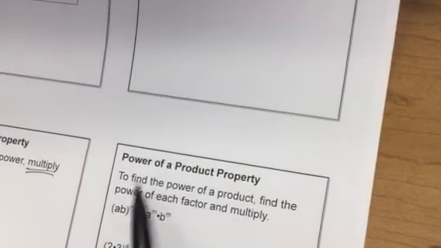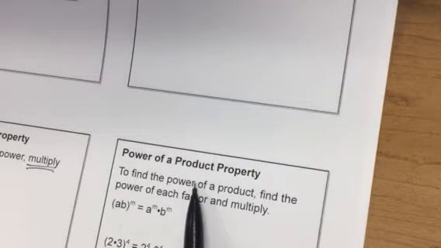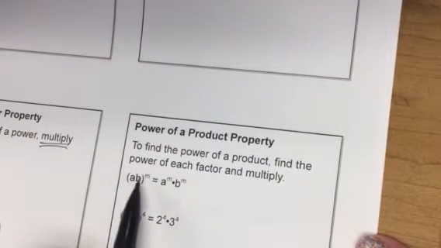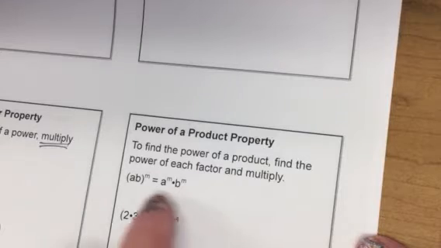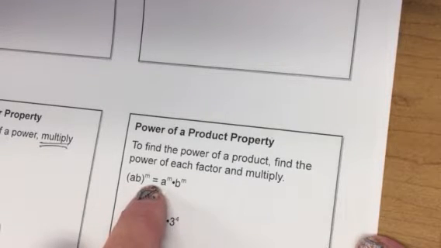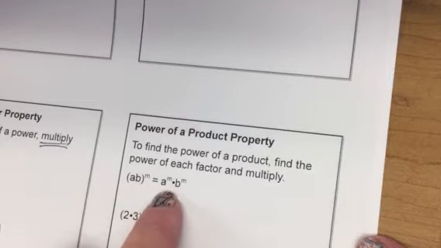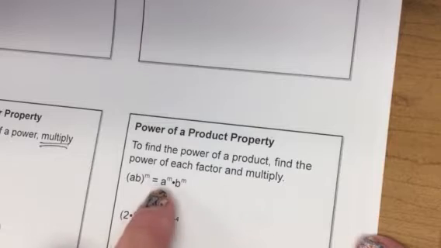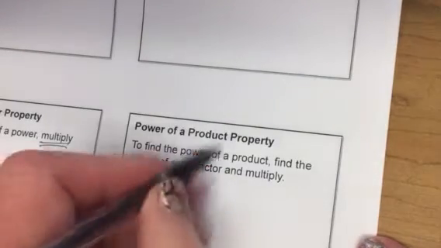Now, power of a product. That means I've got a product, something multiplied inside the parentheses, and if they are raised to an exponent on the outside, everybody on the inside gets raised to that power. A times b to the m is a to the m, b to the m. We used to call this the Oprah property.